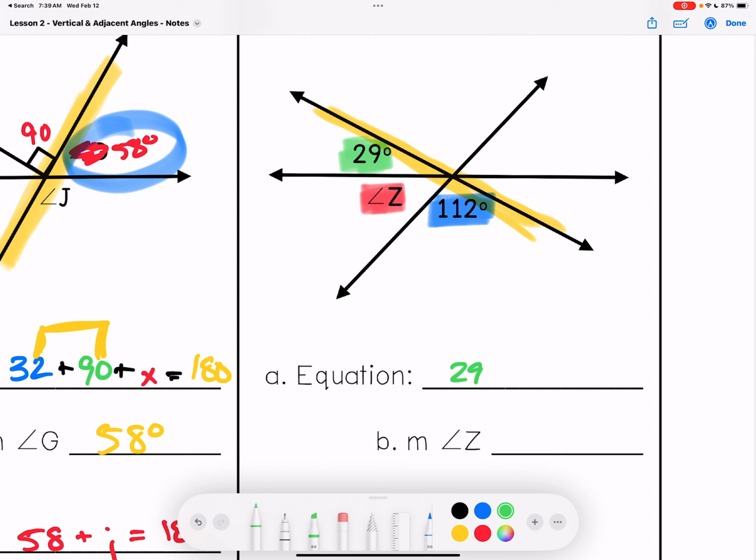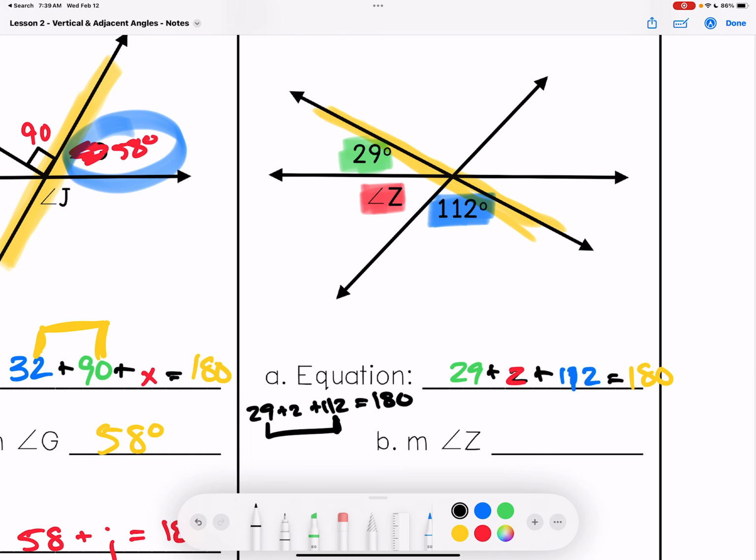So we have 29 plus Z. You could use X if you want to. I don't care. Plus 112 equals 180. Again, I'll write it over here just to work it out so you see it, because you do have to be able to work equations.